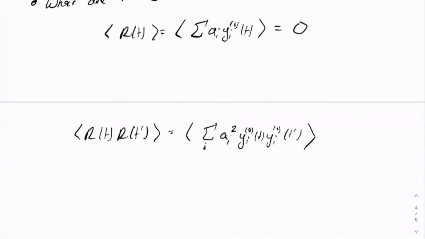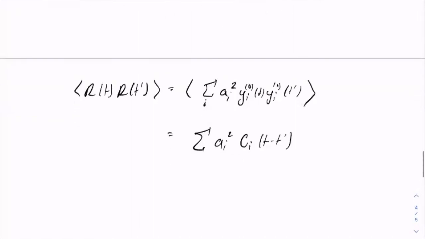If I bring those averaging operations inside, I get a_i squared y_i naught of t, y_i naught of t prime. Well, that's a correlation function in the y_i's. Summing over all of them, that is exactly what I defined as my total bath correlation function.